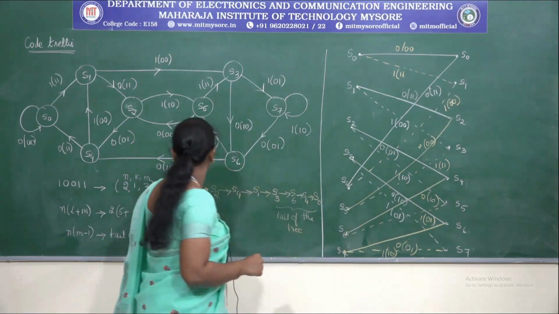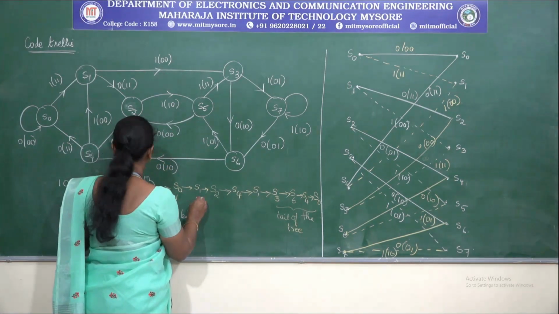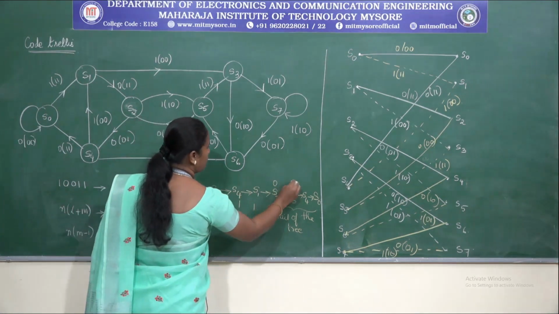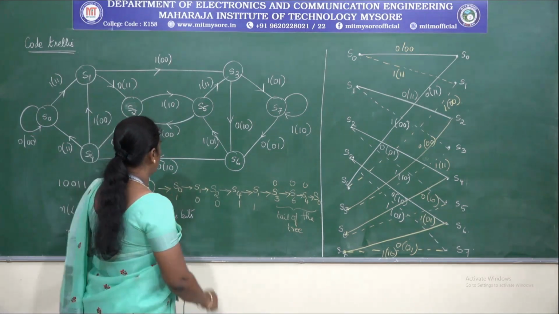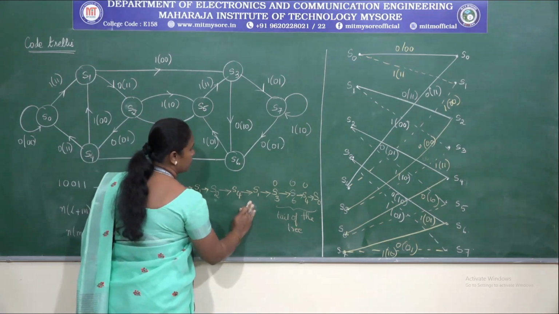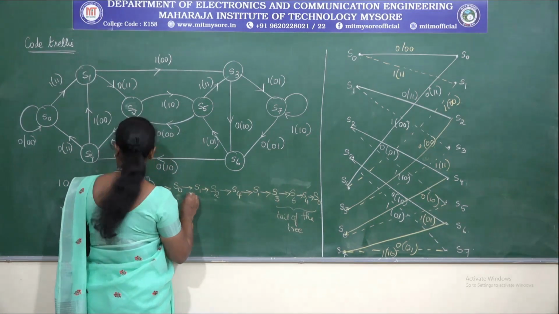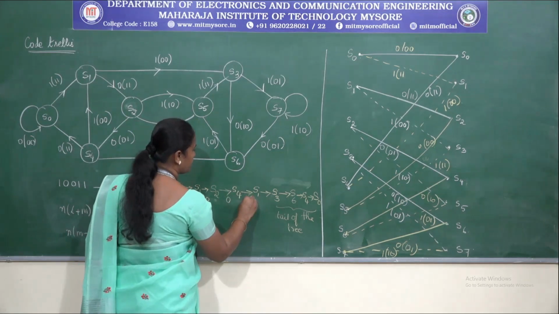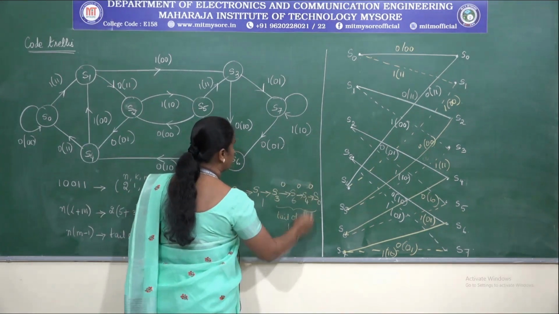So this is for input 1, this is for 0, this is for 0, 1, 1, and these are all zeros. So this is for 1, 0, 0, 1, 1, 0, 0 and 0.